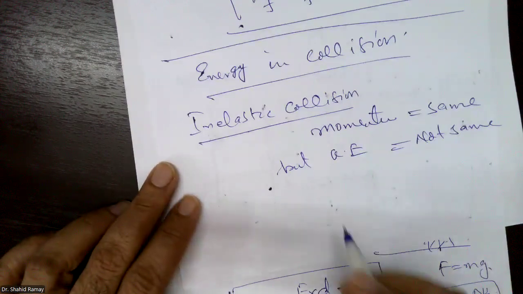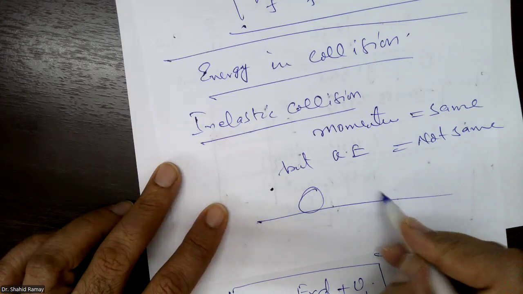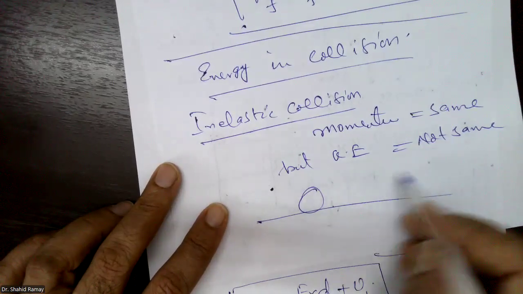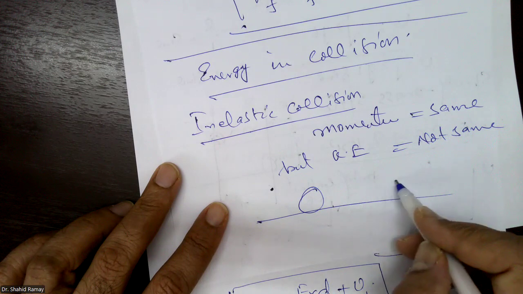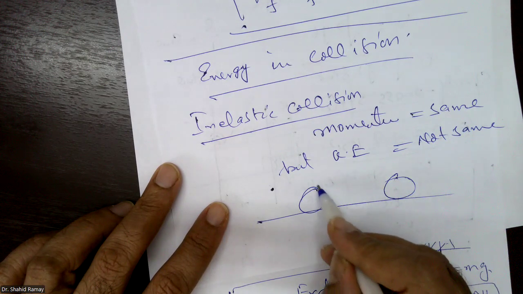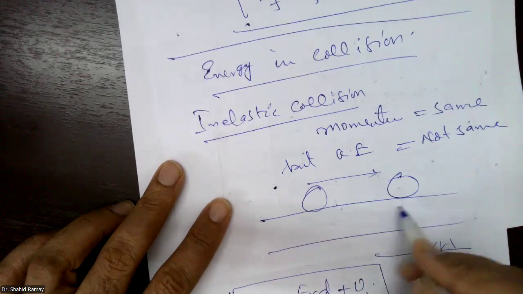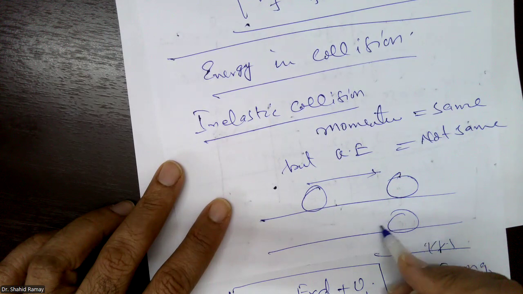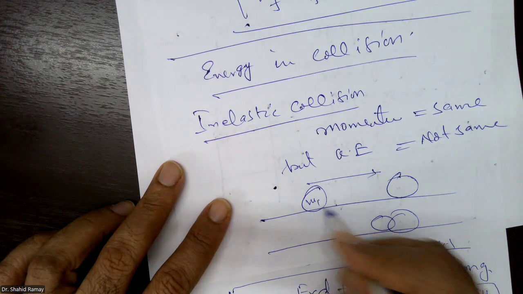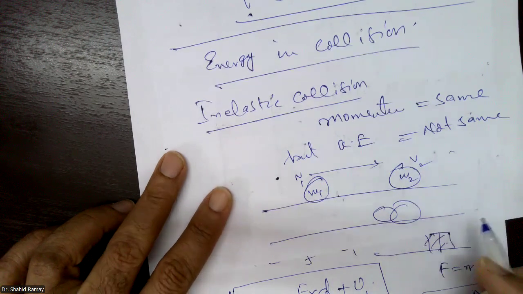So we have developed a relation. In the one-dimensional case, if two balls collide with each other, suppose this block is moving in this direction, M1 V1, M2 V2.